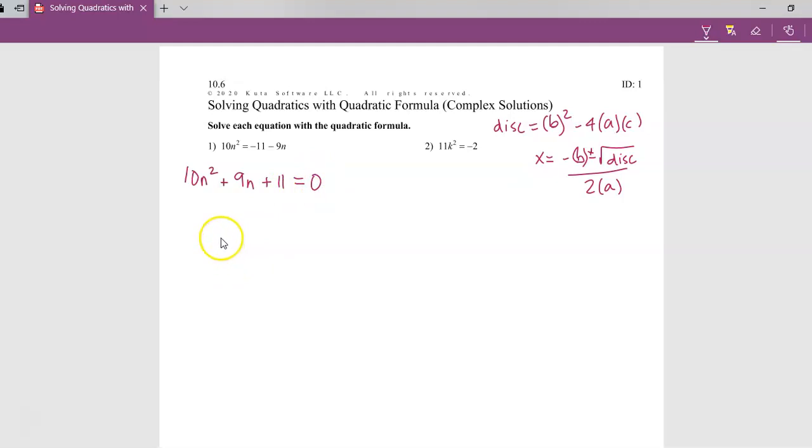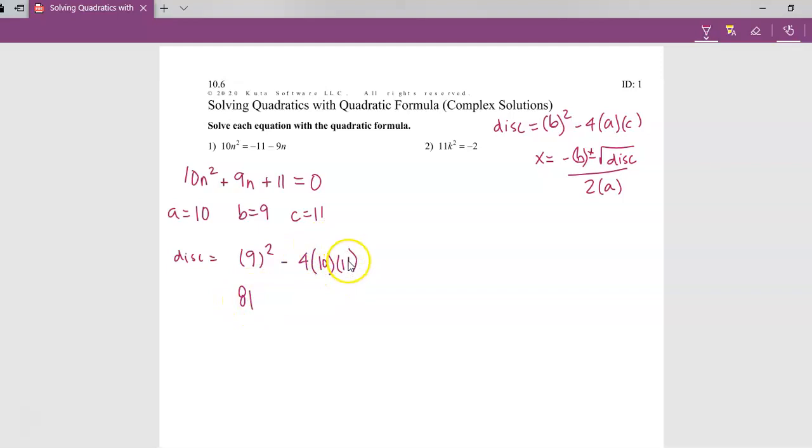So now that we have it in standard form, we can go ahead and find a, b, and c. So a is 10, b is 9, and c is 11. So we'll find the discriminant first. The discriminant, b squared minus 4ac. So in our case, 9 squared minus 4 times 10 times 11. 9 squared is 81.